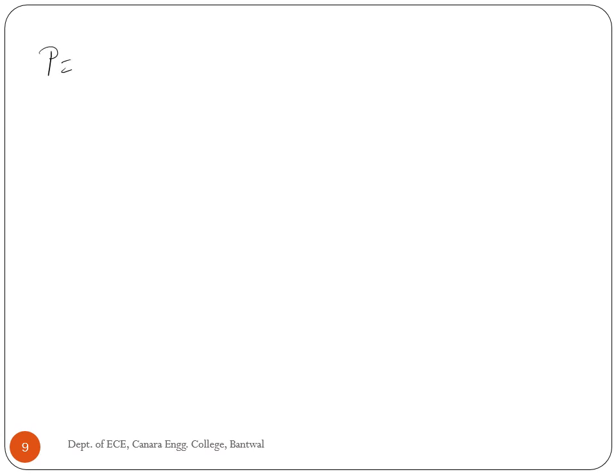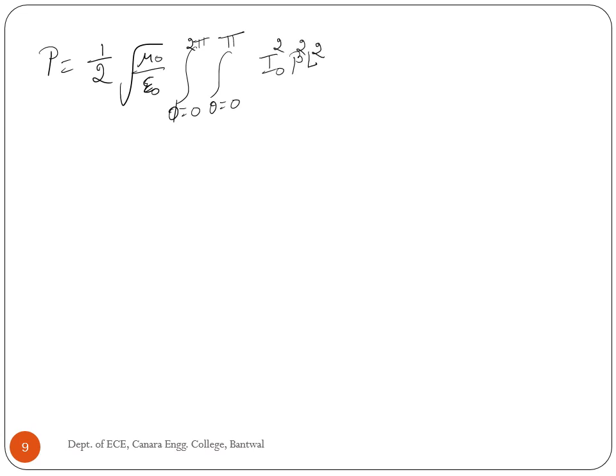Equation 4 becomes half root of mu naught by epsilon naught integral phi equal to 0 to 2 pi, theta equal to 0 to pi, I naught square beta square L square divided by 4 pi square r square, sin cube theta, r square d theta d phi.